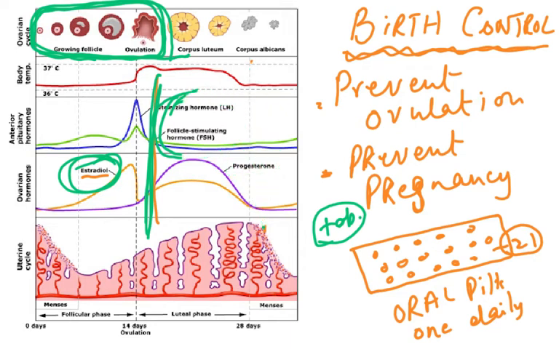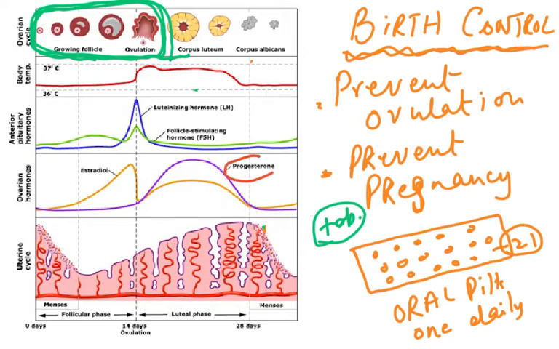So basically, the concept was that if we gave women tablets which contained estrogen and progesterone, the estrogen and progesterone would be absorbed, it would enter the blood, and the woman had to take one tablet every day. When she took this tablet, it was absorbed, and her blood levels of estrogen and progesterone became higher.